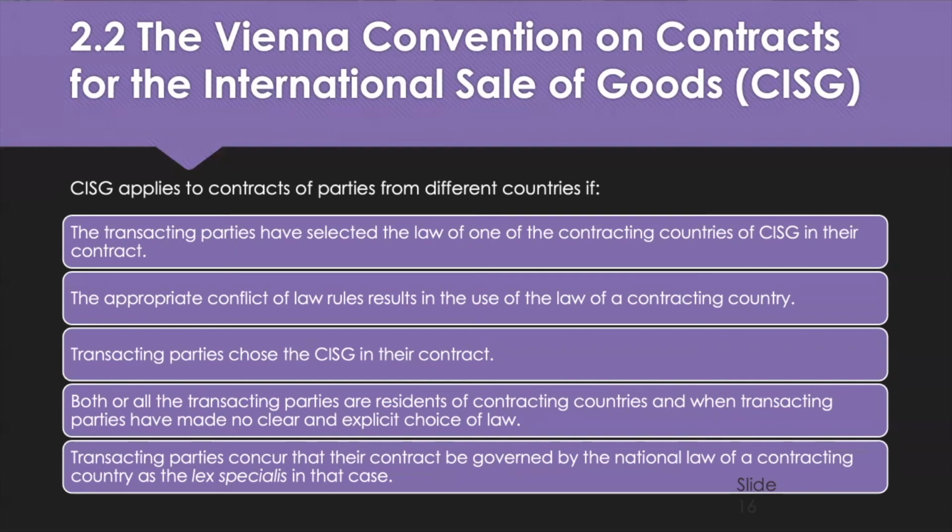Transacting parties choose the international sale of goods in their contract. Both or all transacting parties are residents of contracting countries when transacting parties have made no clear and explicit choice of law. The parties concur that their contract be governed by national law of a contracting country.